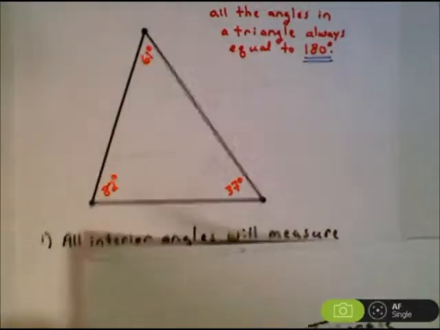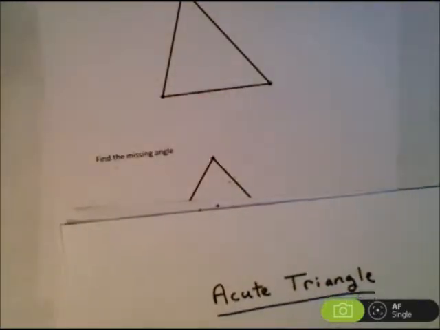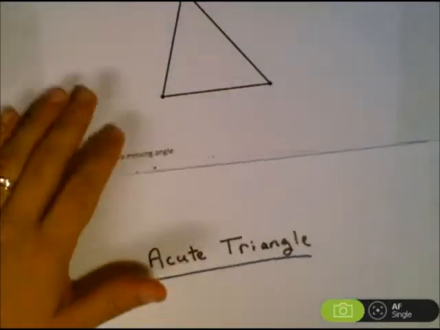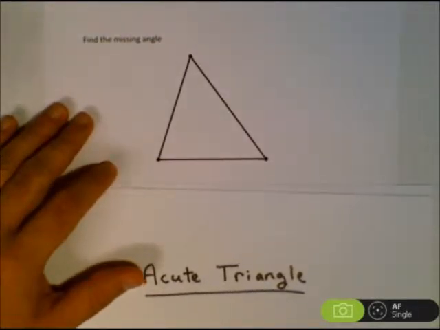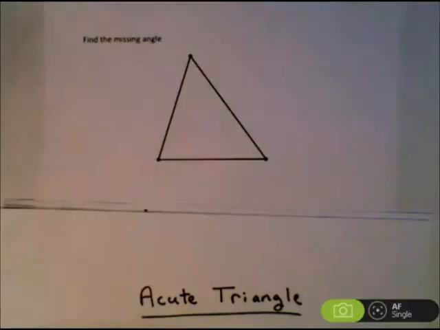Now let's work some problems regarding acute triangles. On this first problem, we're going to find the missing angle for this acute triangle. Let's put some measures on here.